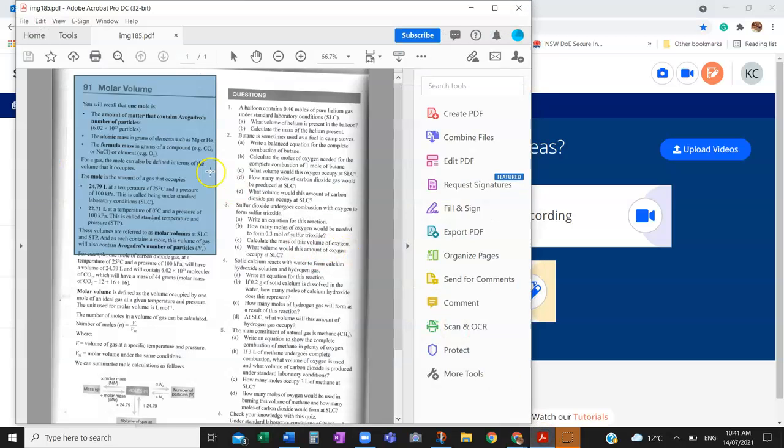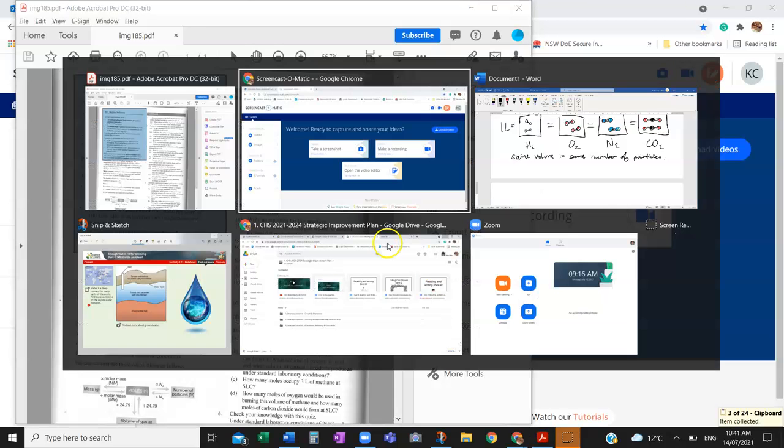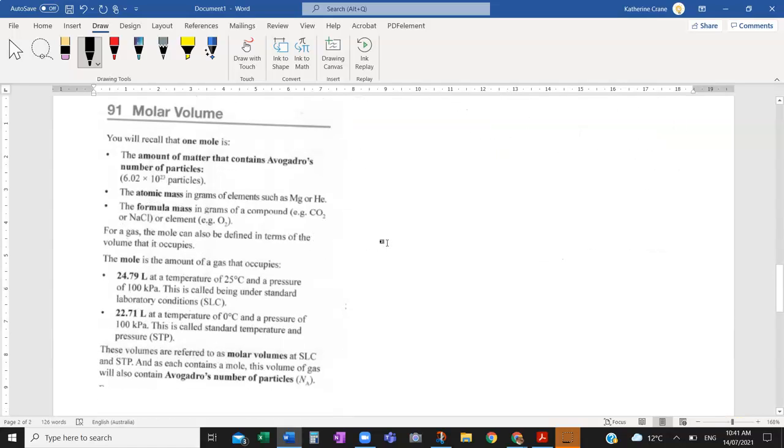What I'm going to do is just grab up this. This is something I copied. This is one of your worksheets. I'm going to copy it. You saw it before. I'm going to paste it in here. So this leads us to molar volume.